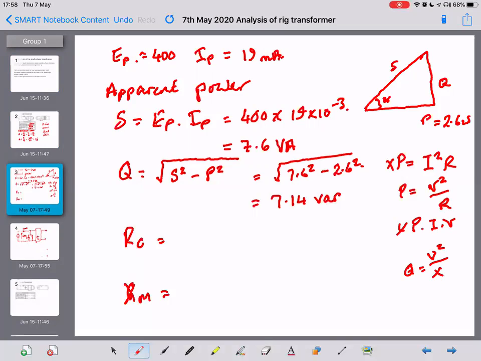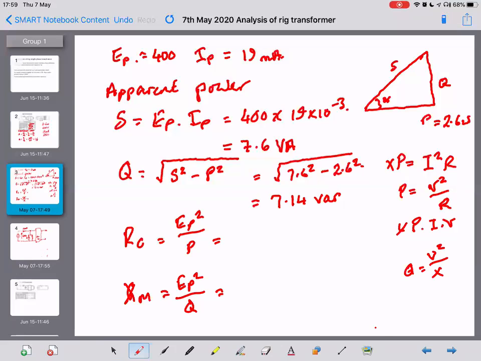So you can go RC is equal to V squared, or E, we've been using E, haven't we? EP squared over P. And this one is EP squared over Q. What you've got to do with this kind of problem is look at the information you've got and then think about what formula you can use to find another piece of information, to gradually break the problem down.